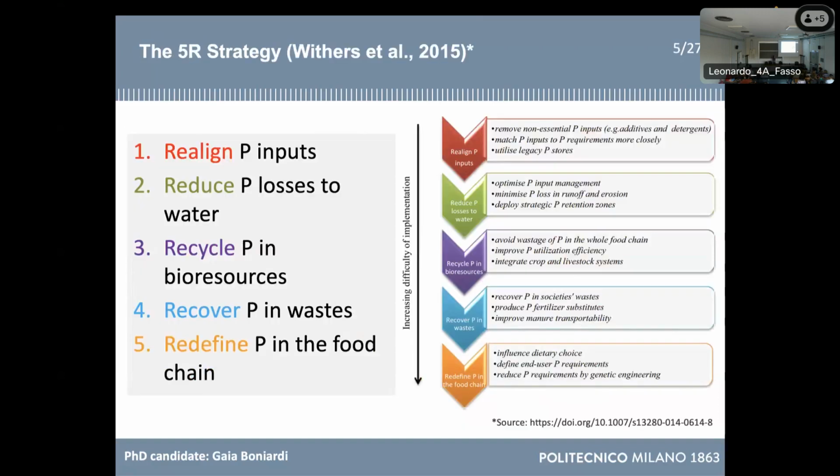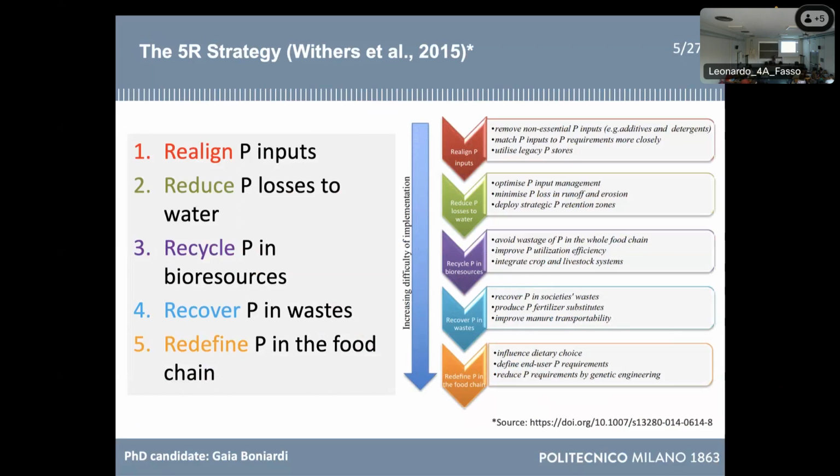To tackle this issue, Withers et al. proposed the 5R strategy. As we go from the first to the last strategy, we have an increasing difficulty of implementation. The first one is to realign the phosphorus inputs, which means, for instance, removing the phosphorus in products that are not necessary, like the detergents, or at least trying to reduce the content.